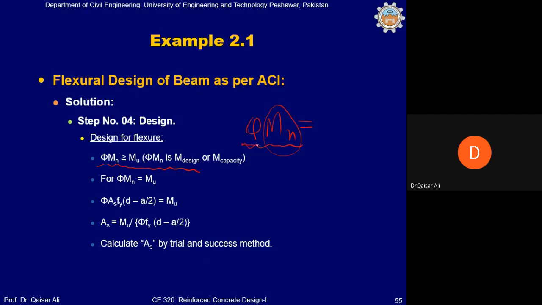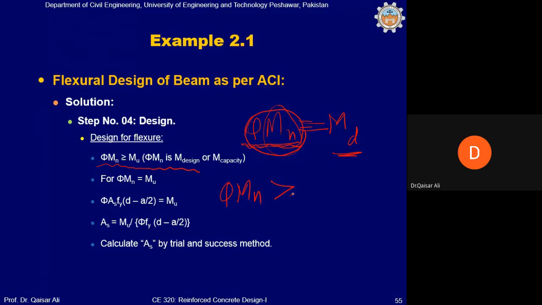When Mn is multiplied by ϕ, this becomes design capacity, because we are slightly reducing this for the purpose of introducing safety in our designs. So ϕMn is Md. This design capacity shall be greater than or equal to Mu. Mu is the applied demand.